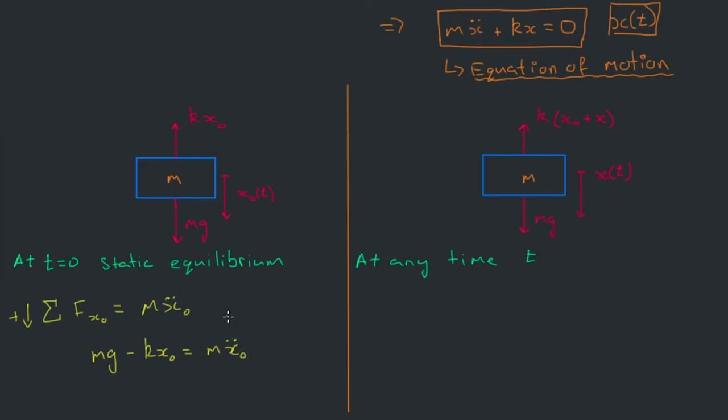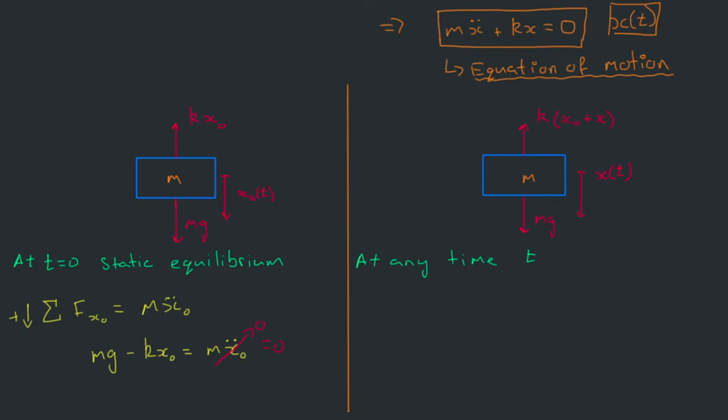Now, static equilibrium means that our mass is completely stationary. So if our mass is completely stationary, the double derivative of displacement, x0, acceleration, has to be zero. There can't be any acceleration. So what we have is zero.